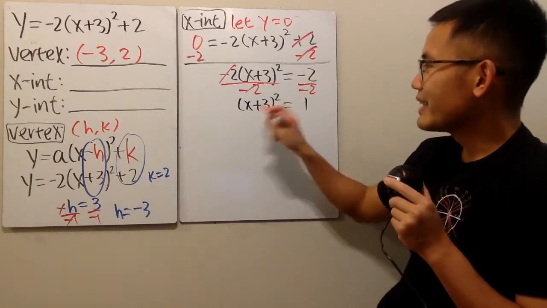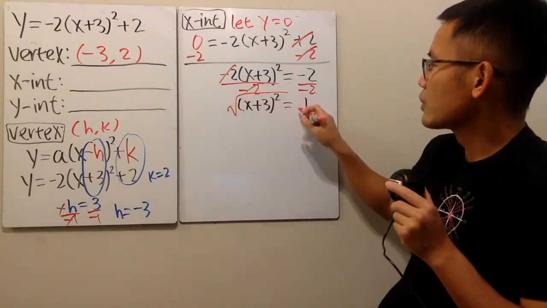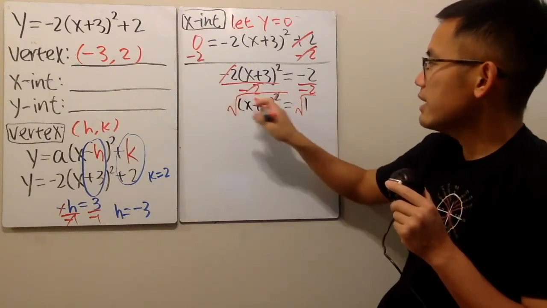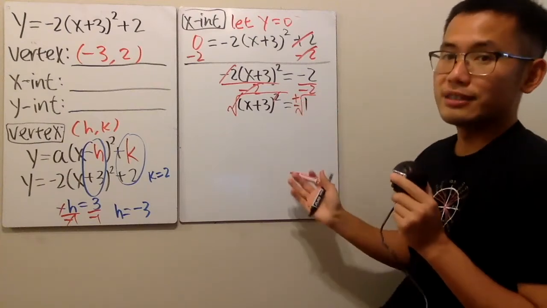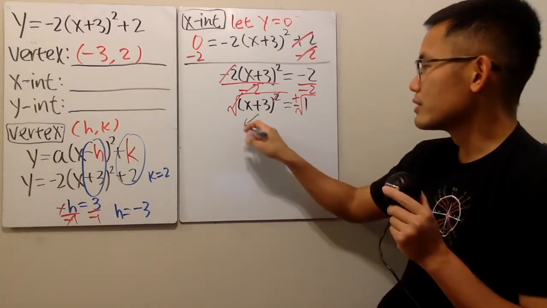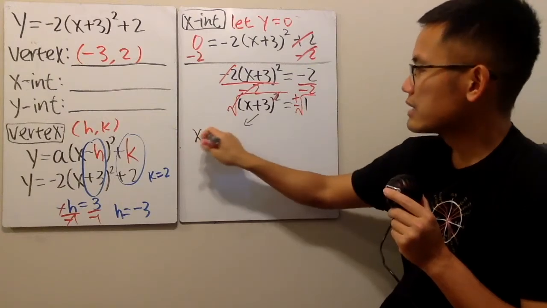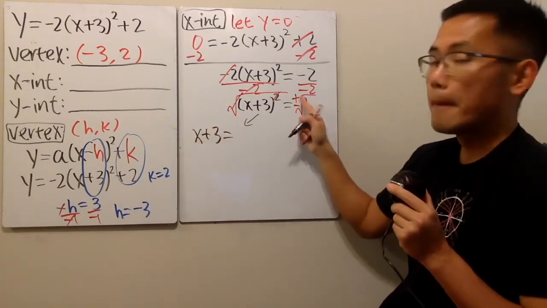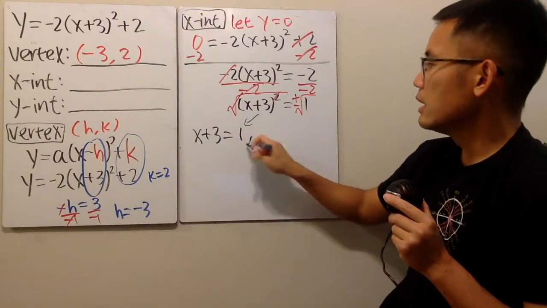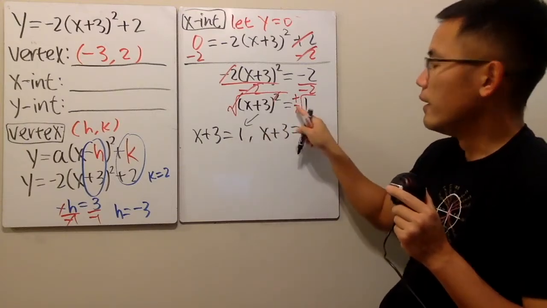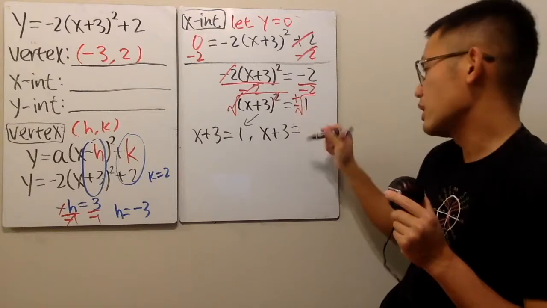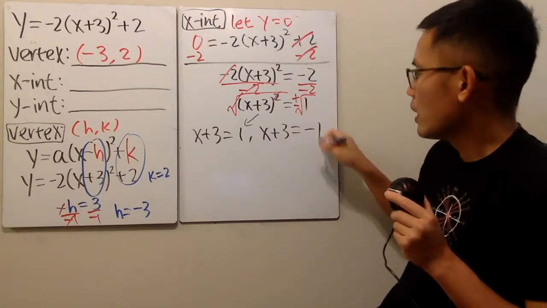Then you see, right here, we can just go ahead and take the square roots on both sides. This and that will cancel, and don't forget the plus or minus on the right-hand side. Then we are going to solve two equations. The first one is x plus 3 being equal to +1. Next, we are going to solve x plus 3 is equal to negative square root of 1. It's again 1, right? So we have -1 like this.